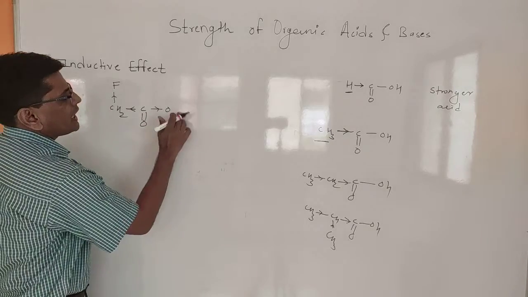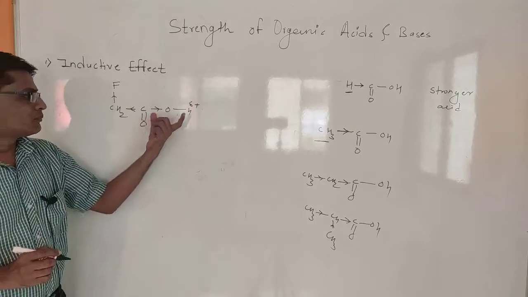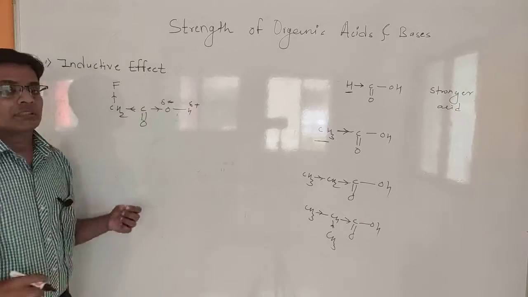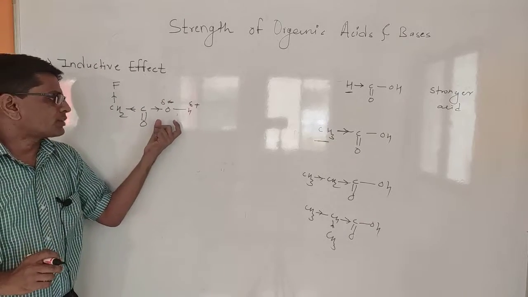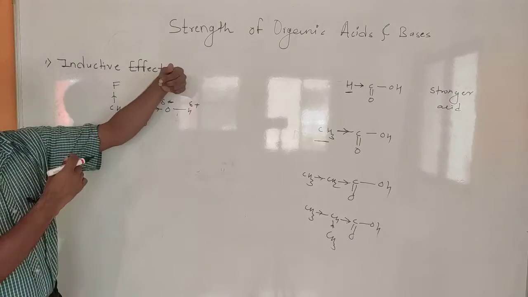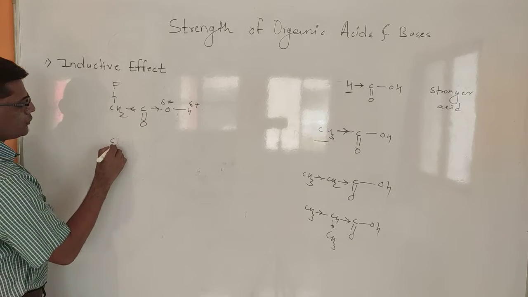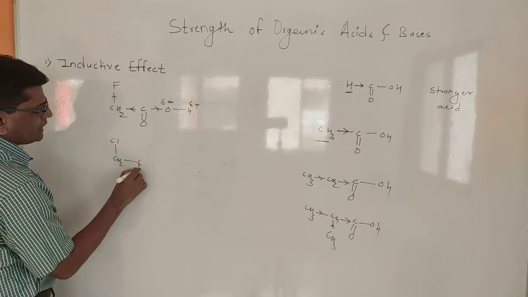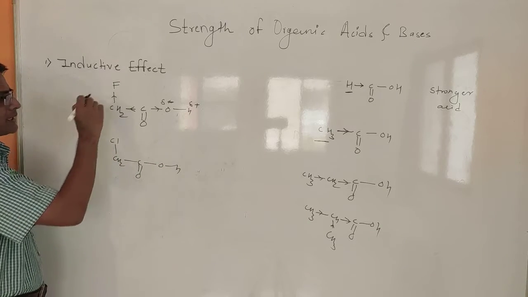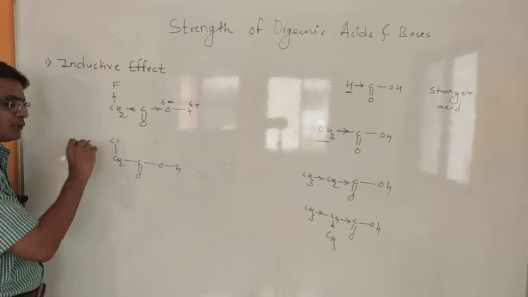That's why this oxygen hydrogen bond becomes more positive, or it creates partial charges at oxygen and hydrogen. So this bond becomes a weak bond, and it is ready to donate the H+ ion. That's why this is a stronger acid. If fluorine is replaced by chlorine, the electronegativity of chlorine is less as compared to fluorine, but the electronegativity of oxygen is more as compared to chlorine.